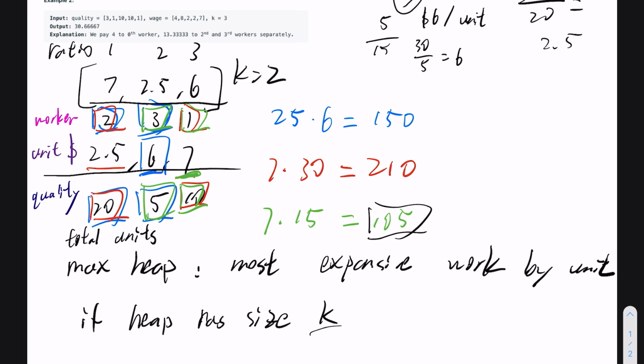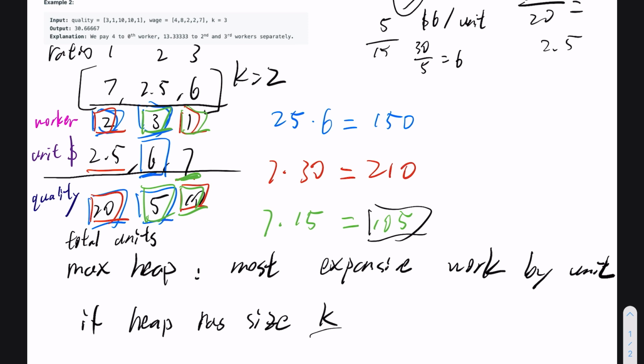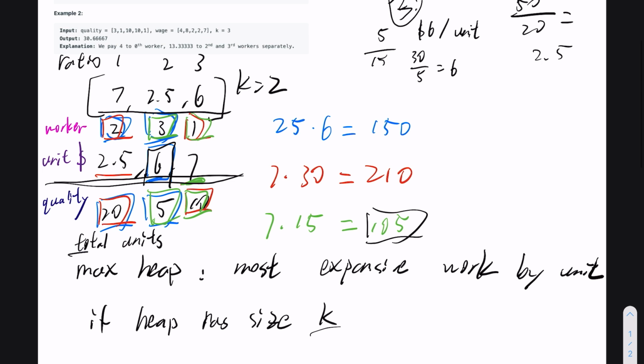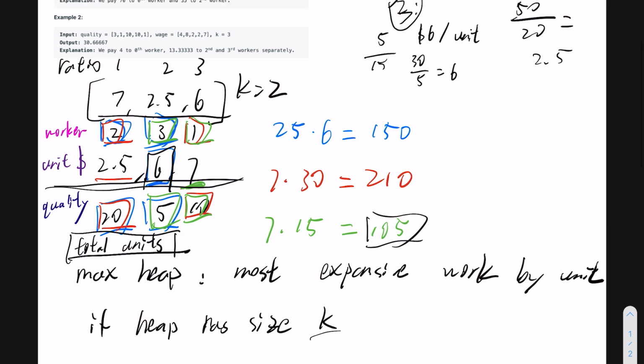Since everything is sorted by unit price, that iteration's unit price will be the unit price for every worker we're using, and the total units are already calculated. So we just need to multiply this total units by the unit price on that iteration. That will give us the solution.